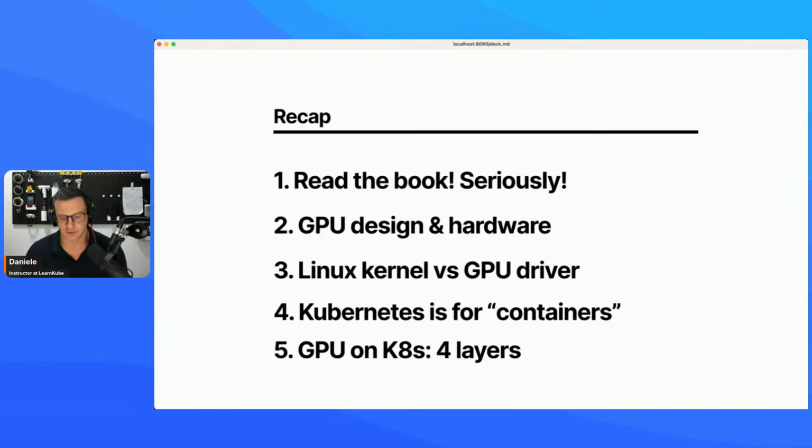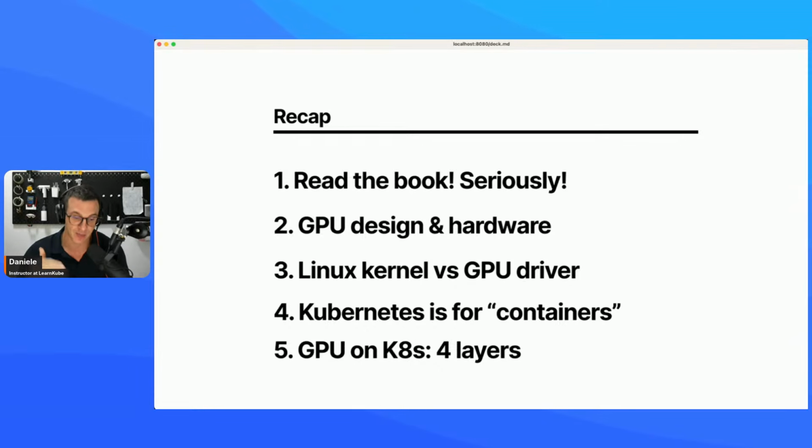And then we had a look at these four layers. This is where I find myself most confused about how these different layers interact, and I think it's really important to nail this down. Understand that we have a GPU at the bottom. There is a driver, but the driver is not enough.